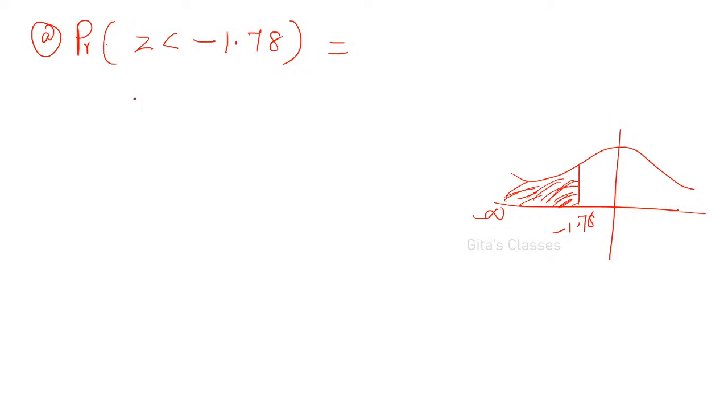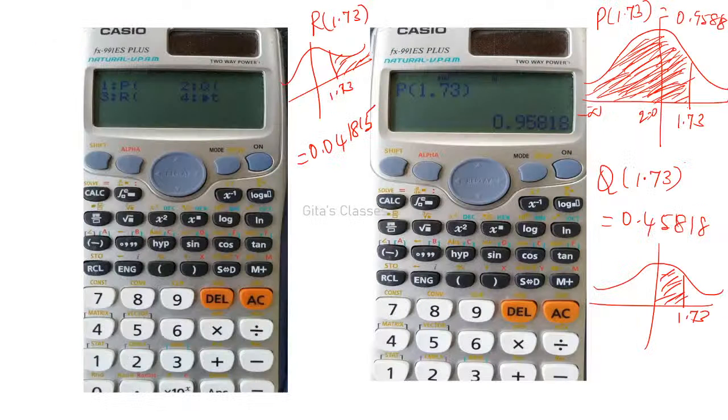You can write minus 1.78 in the calculator. Here, in the place of 1.73, you write minus 1.78, equal to minus 1.78.